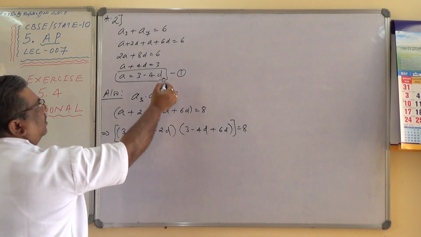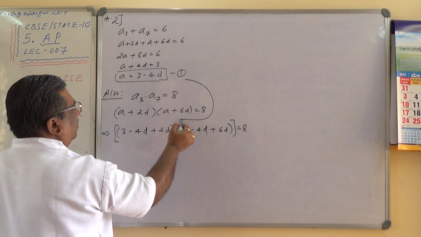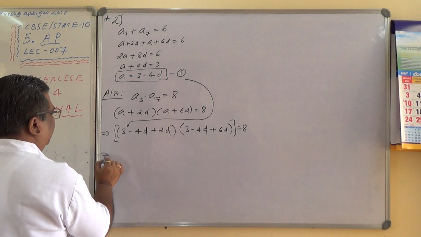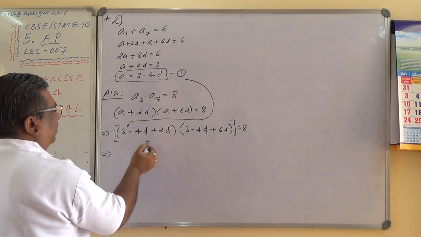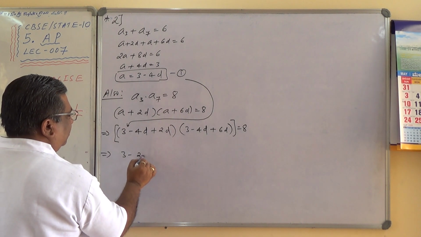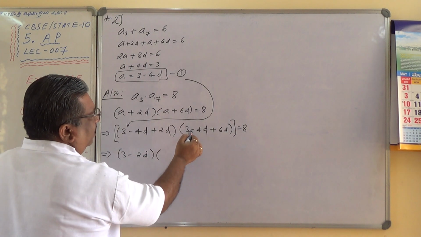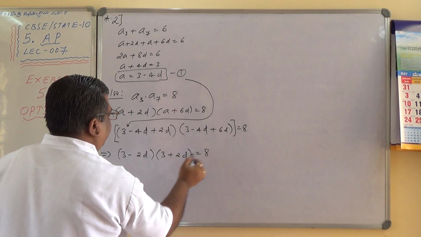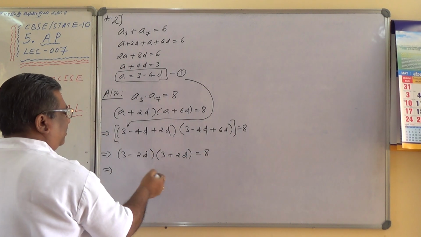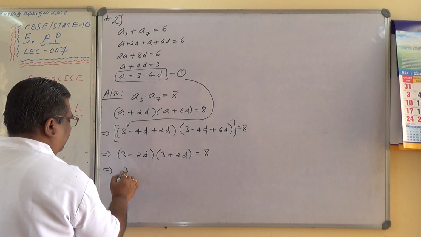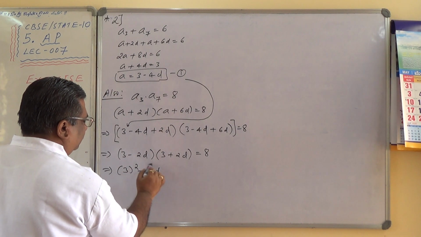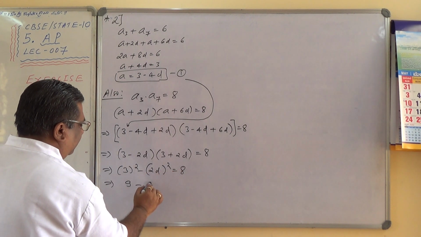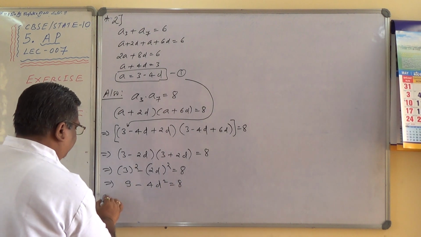What I did here, this A I substituted here, got it, which is 3 minus 4D plus 2D, 3 minus 2D into 3 plus 2D equals 8. A minus B into A plus B is A square minus B square. 9 minus 4D square equals 8.